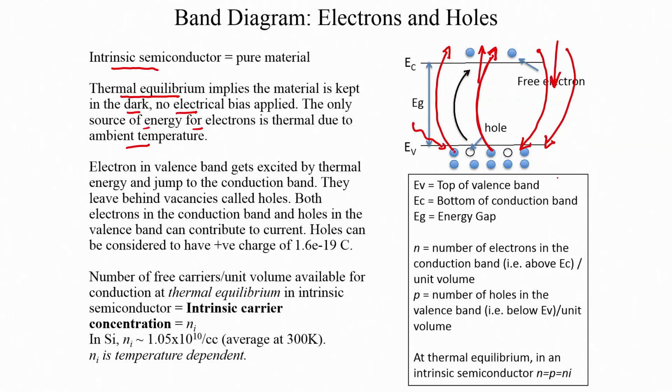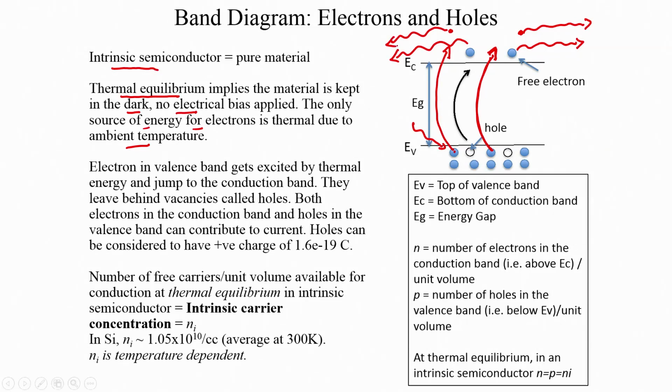Destruction implies the loss of free carriers. A more appropriate term is recombination, which we will look at later in the course. And also you could have electrons moving about in the crystal. Say, a few electrons in the conduction band could be moving in one direction, but this movement, which basically constitutes a current, is completely balanced by an equal number of electrons moving in the opposite direction.